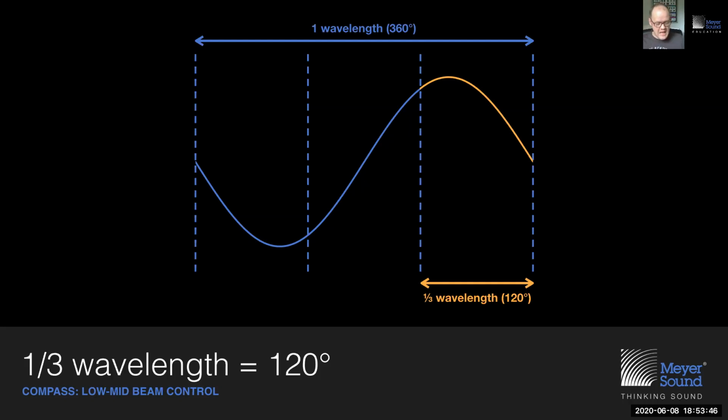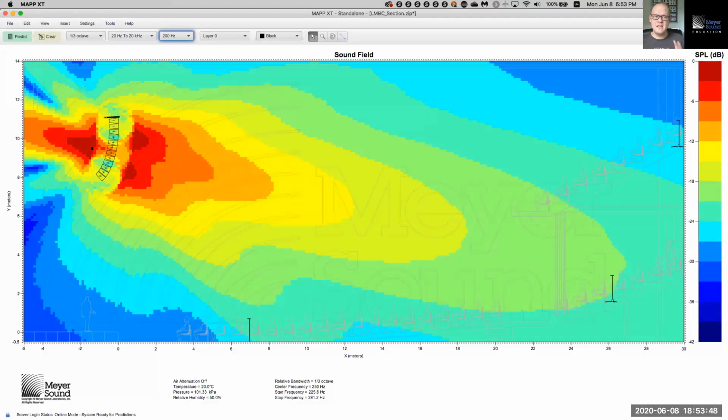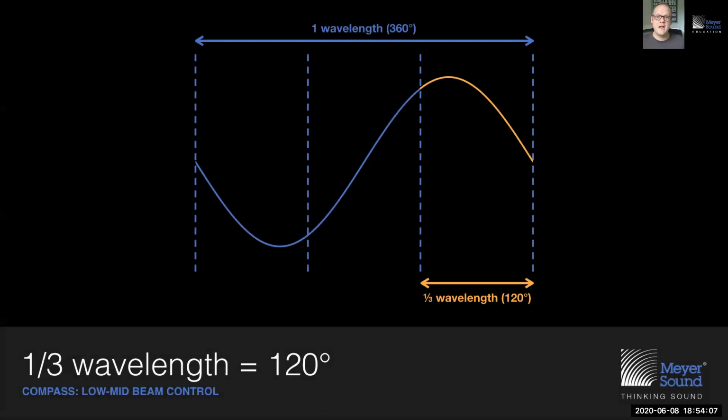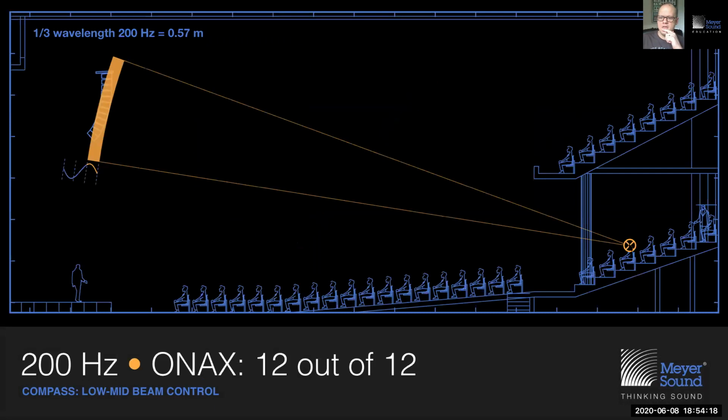And in our map prediction, where we see the problem right now, happens to be very pronounced at a frequency of 200 hertz. Now, if your frequency is 200 hertz, then 1 wavelength is about 1.8 meters, and that means that 1/3 of a wavelength is about 60 centimeters. It's a little bit less, as we're about to discover. Because let's look at our venue from the position underneath the balcony.